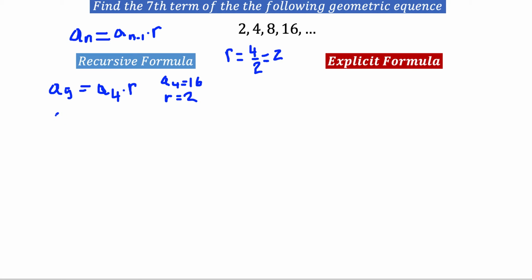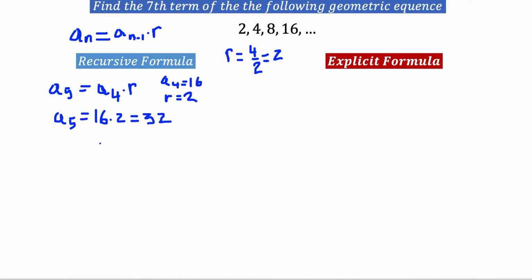And now we find the fifth term. The fifth term is equal to a_4, and a_4 is 16. Let me write 16 times 2, which is equal to 32.